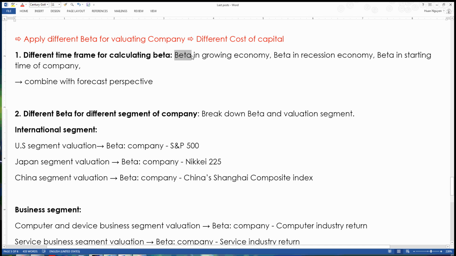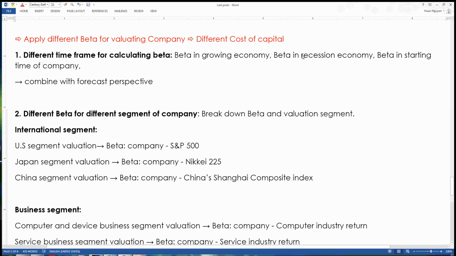The relevant beta in that case means the beta will be calculated based on a certain historical time frame. For example, if we predict that the company will work in a recession economy in 2020, then the beta used to calculate the cost of capital would be based on stock return and market return in a historical time frame when the economy went into recession.